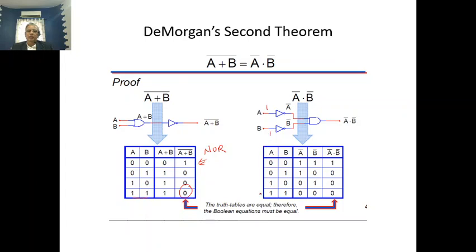For this last condition, this becomes 0, this becomes 0, 0 0, and the output becomes 0. Similarly, you can verify all these conditions. As all conditions are verified, the truth tables are equal, therefore the Boolean equations must be equal. Hence we can say that A plus B whole bar is equal to A bar dot B bar.